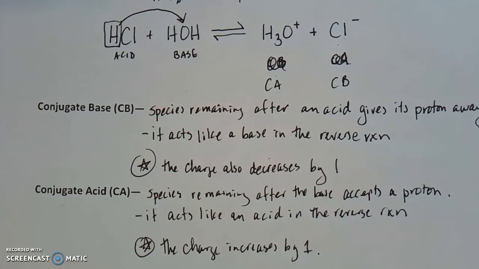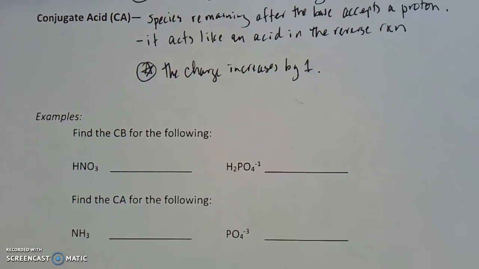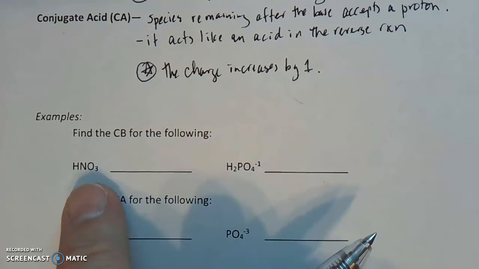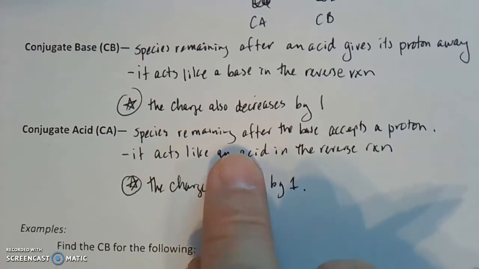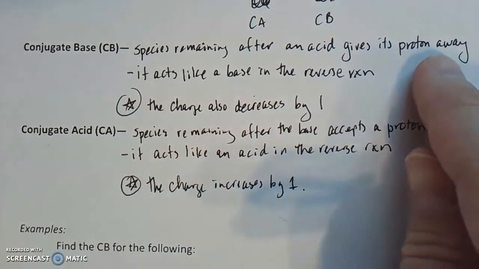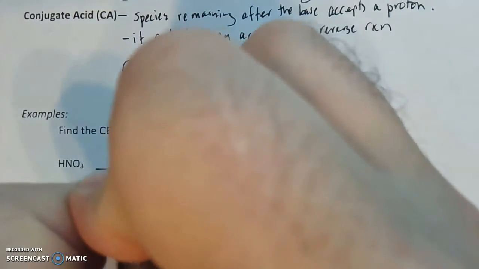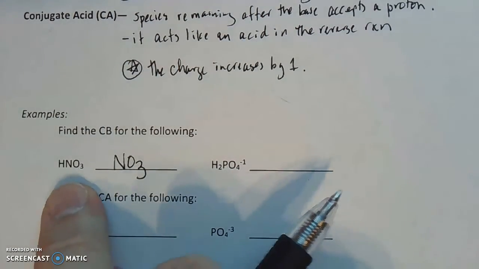So we can look at an acid or base and determine what its conjugate is going to be. So it says, find the conjugate base for the following. So these have to be acids. So a conjugate base is what remains after it gives a proton away. So we have to remove an H, so NO3, and the charge decreases by 1.